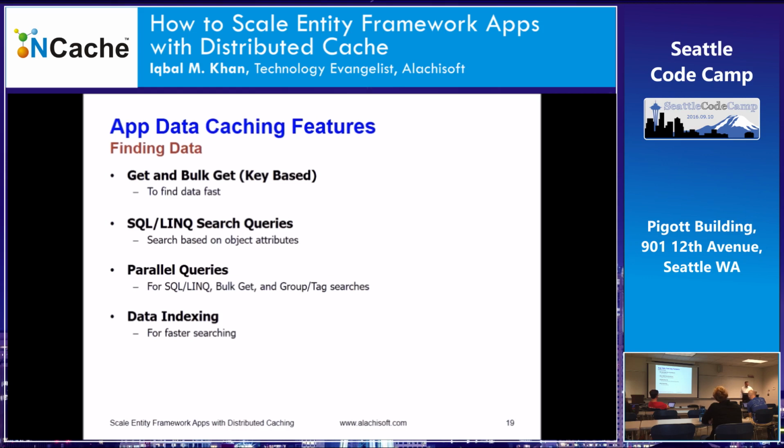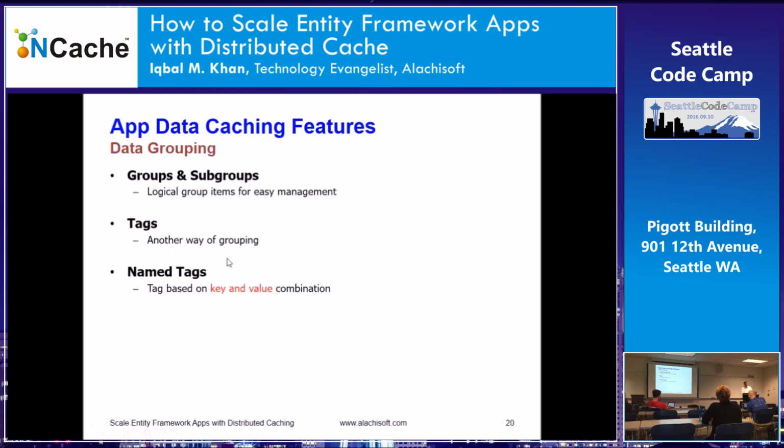And the benefit of a distributed cache is that whatever you fetch, that query runs in parallel on all the boxes, and the results come back. Also, a lot of the data that you keep in cache is in object form. In a relational database, you have access to every attribute.